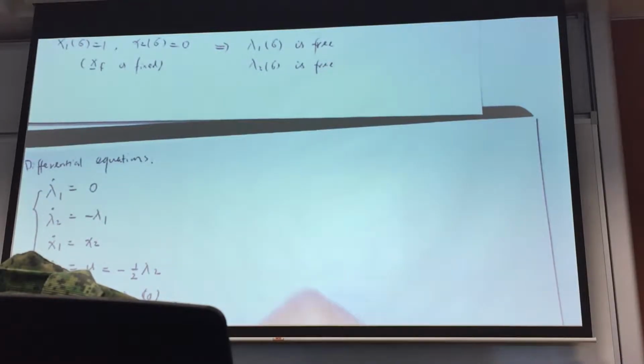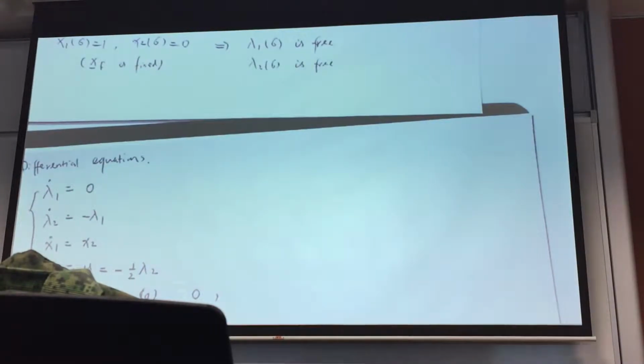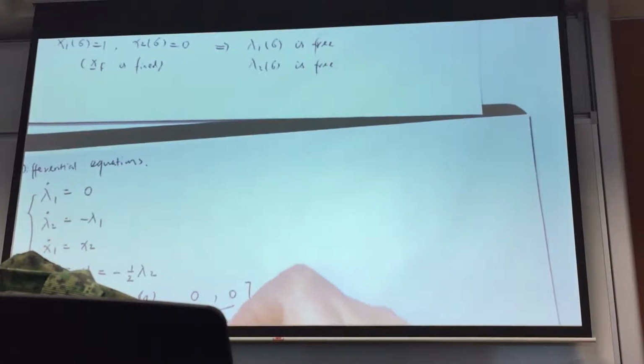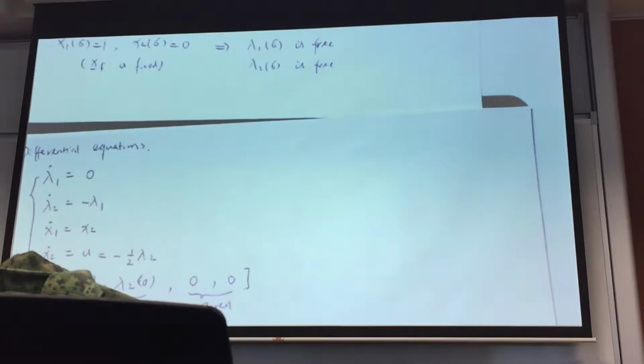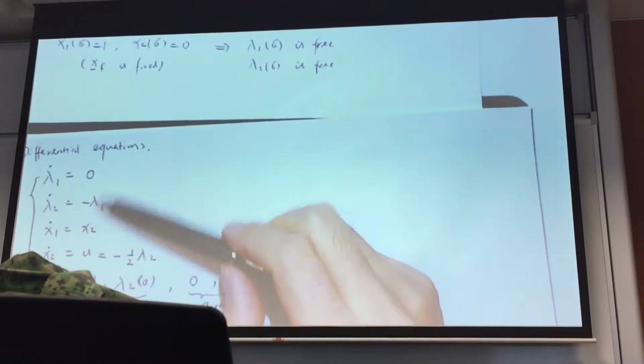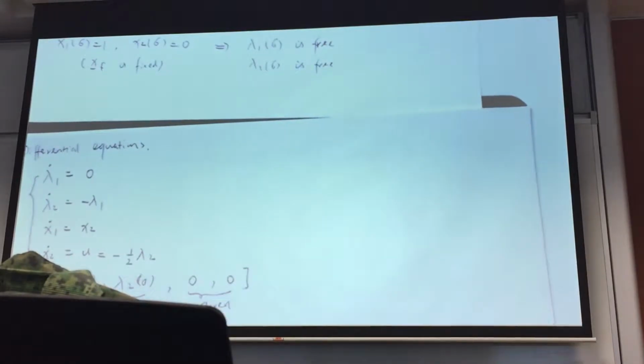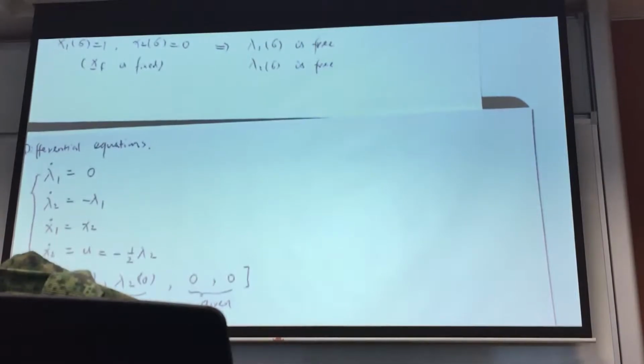For x1(0) equal to 0, and x2(0) is also equal to 0. So these are given. So here we have 4 different equations. If you solve these differential equations with these initial conditions, you will get the solution to this problem. So you will be able to solve for lambda 1(t), lambda 2(t), x1(t) and x2(t).